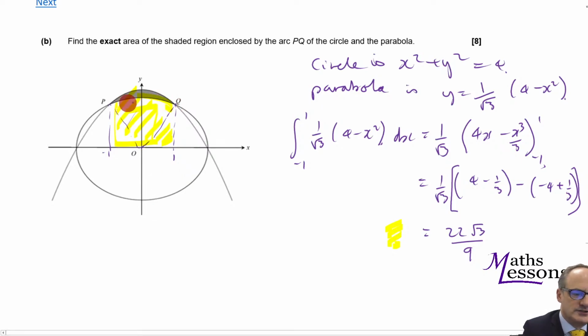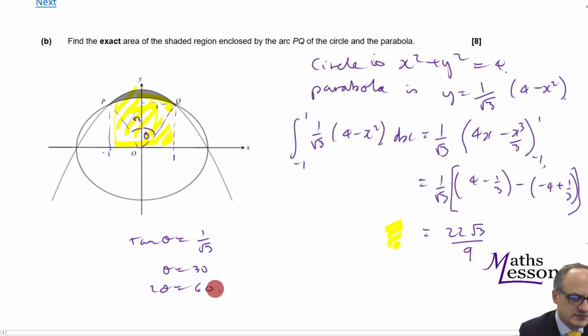Now, what I'm going to do is work out this angle here, because I know that that distance there is 1, and I know this distance here is root 3. So therefore, tan of theta will equal opposite over adjacent, 1 over root 3. So theta must equal 30 degrees. So therefore, this whole sector here, 2 theta, will equal 60 degrees.